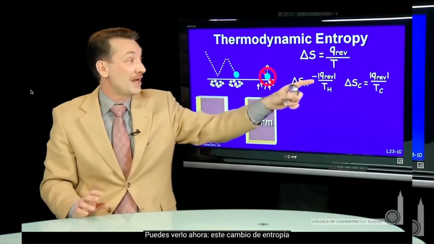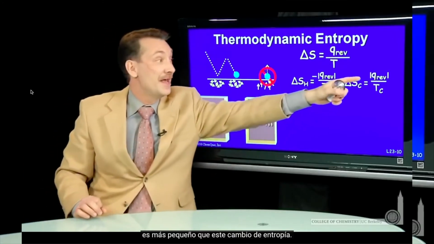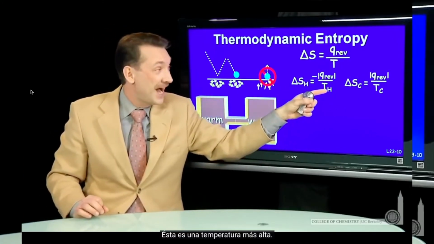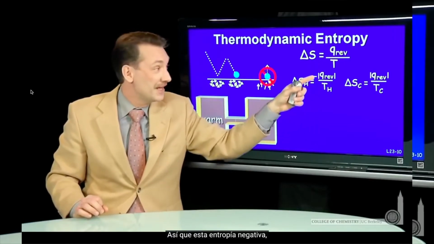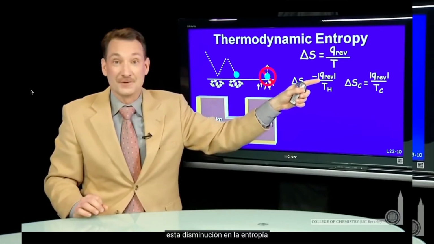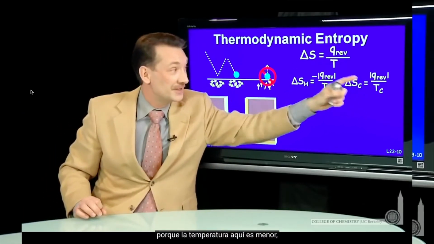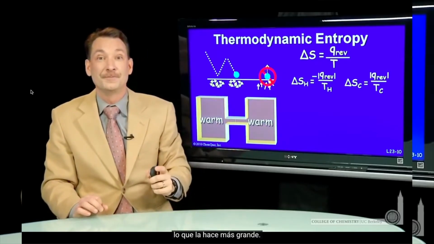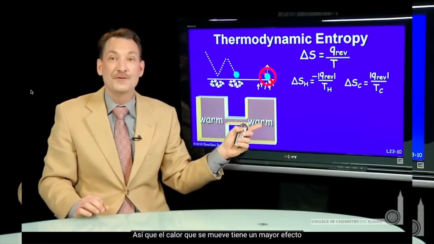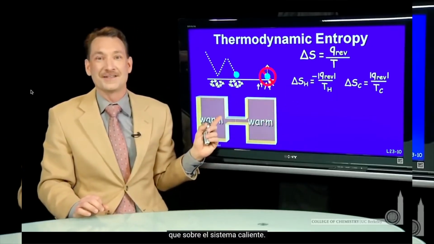You can see already this entropy change is smaller than this entropy change. This has a high temperature, so this negative entropy, this decrease in entropy, is small. This increase in entropy, because the temperature is lower, is large. So the heat that moves has a bigger effect on the entropy of the cold system than the hot system.